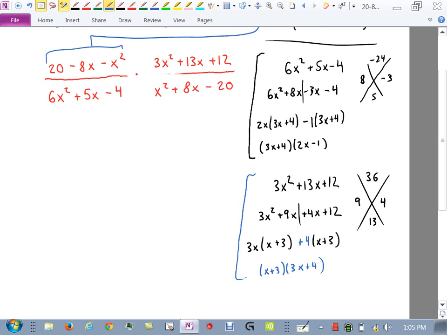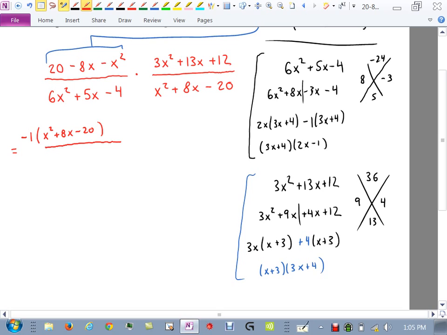Yep. I'm going to rewrite everything now, okay? I'm going to come back here. We had said that the top left, all we were going to do is be tricky, and pull a negative out. When we pulled a negative out, -1, we were left with x squared plus 8x minus 20.